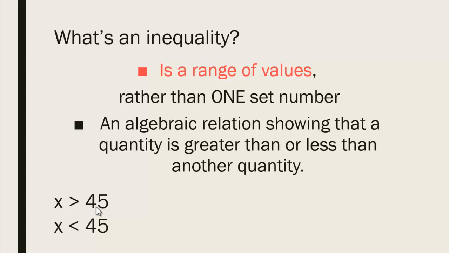So again here, when I used the inequality sign, I had a large range of values, not only one number that satisfy for x. And if I said x is greater than or equal 55, less than or equal 75, this means I have all the numbers from 55 to 75, all of them are my range values for x.